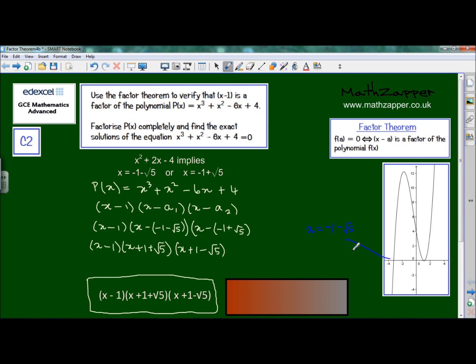Root 5 is just over 2 in value, about 2.24, so that's going to be 3.24 there, round about minus 3.24.